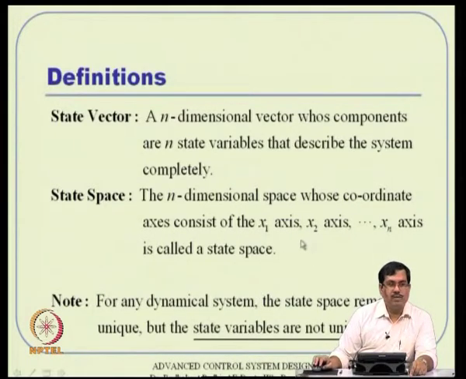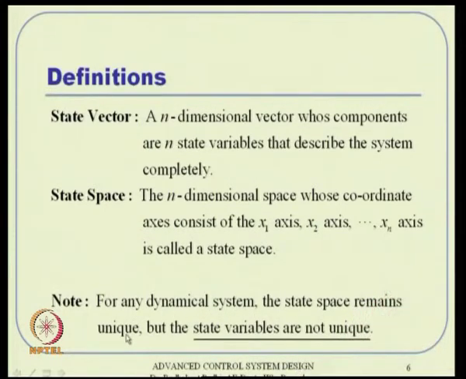These x's need not be orthogonal, but they are certainly linearly independent. And also remember that for any dynamical system, the state space remains unique. That means, if the problem demands an n dimensional space, then it is an n dimensional space. We do not talk about n minus 1 or n plus 1, that remains unique.